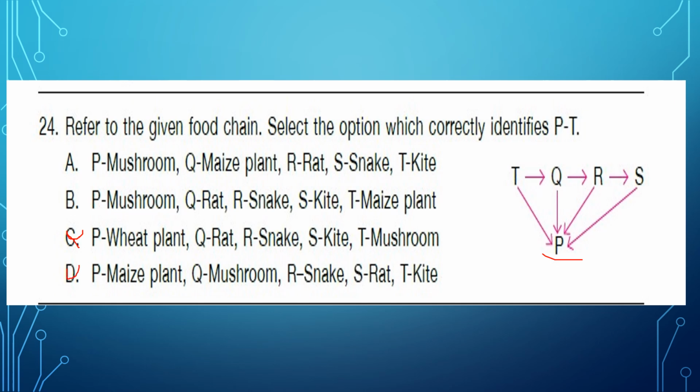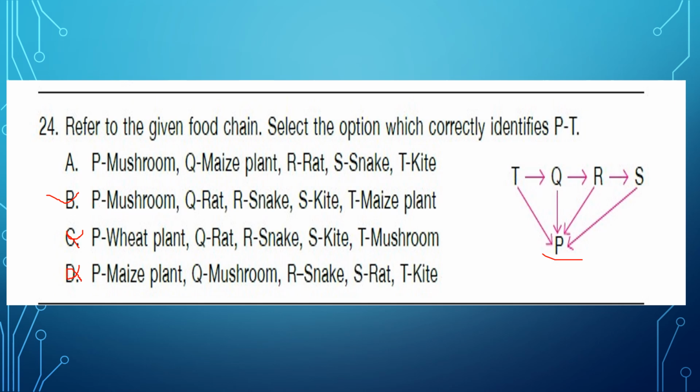Let's check for others. Q feeds on T. T is a producer, that can be a plant. So in option B, T is a maize plant. Answer B is correct, because in option A, T is kite, which cannot be possible.